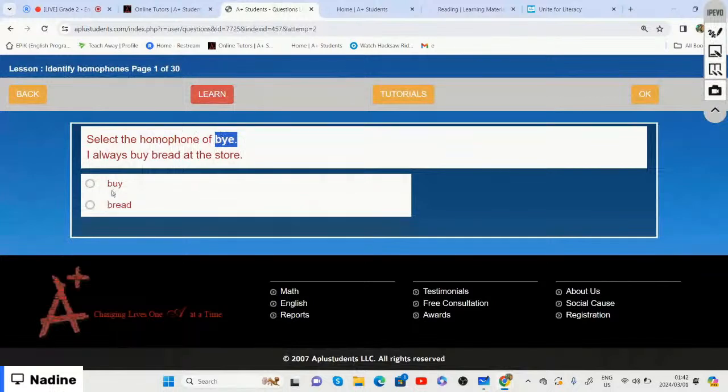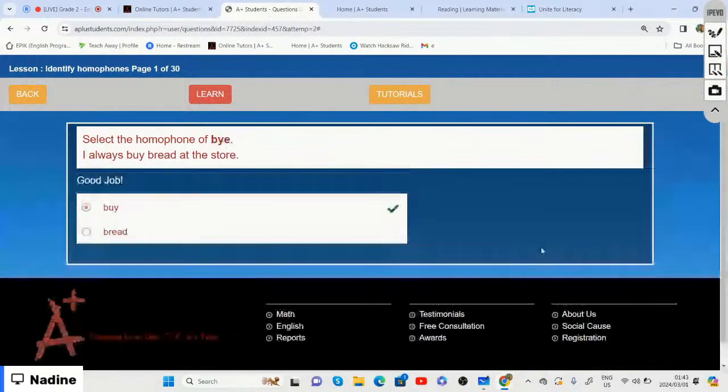The first option, buy, or the second option, bread, that matches the buy. Buy. And if we were to choose the correct word, then we will choose the first option, right? So the option is to buy something. It's like you're paying for something.